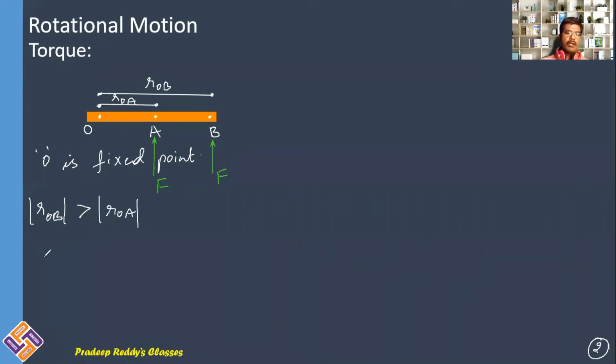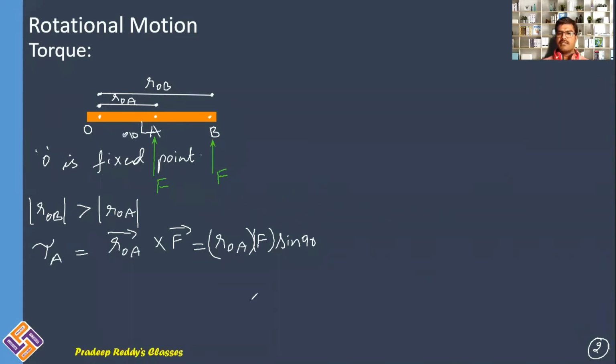Therefore, torque at A is equal to ROA bar cross F bar, which is equal to ROA into F into sine 90, because the angle between force and perpendicular distance is 90 degrees. Sine 90 is equal to 1, and this is n cap. N cap is perpendicular to R bar as well as F bar.